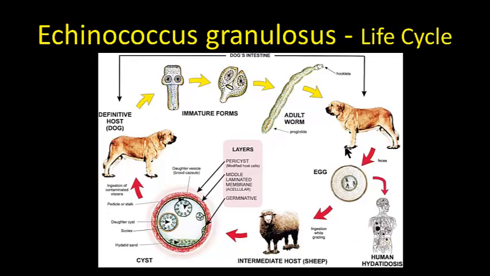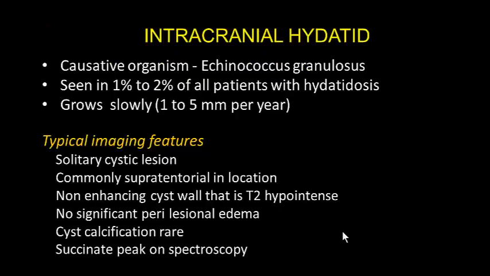Moving from here to hydatid cyst, as you know, the human being is an intermediate host in hydatid disease, and intracranial hydatid is caused by Echinococcus granulosus, seen in 1 to 2% of all patients with hydatidosis. Typically, these lesions are solitary cystic lesions in a supratentorial location, with a non-enhancing cyst wall, no significant perilesional edema, and cyst calcification is very, very rare.